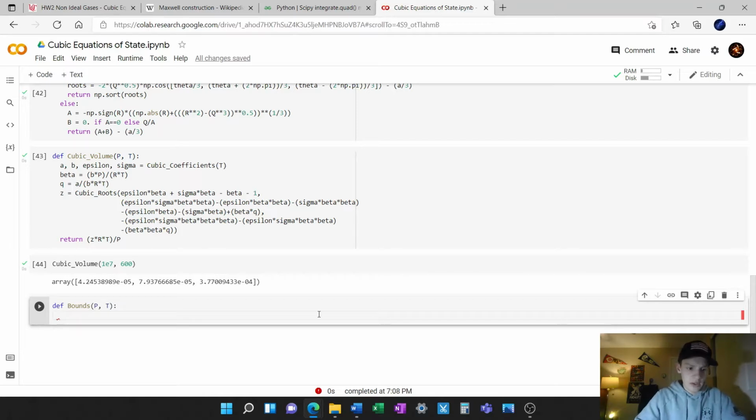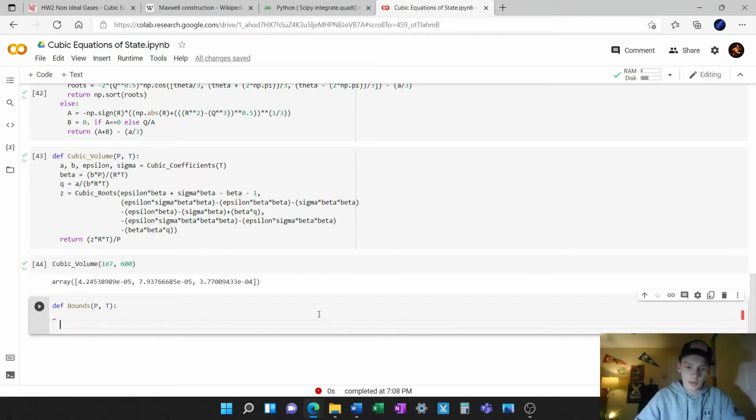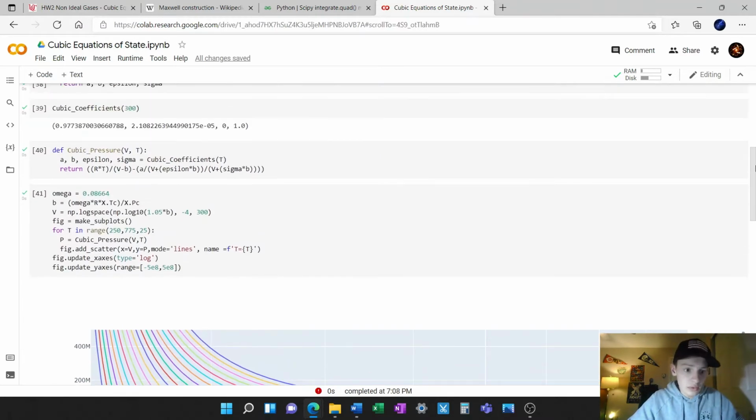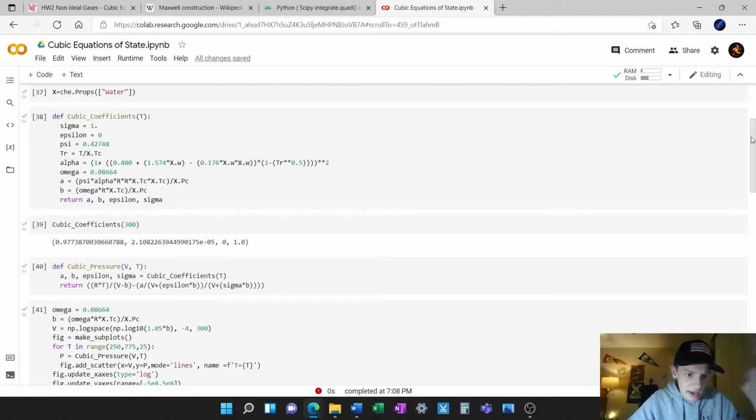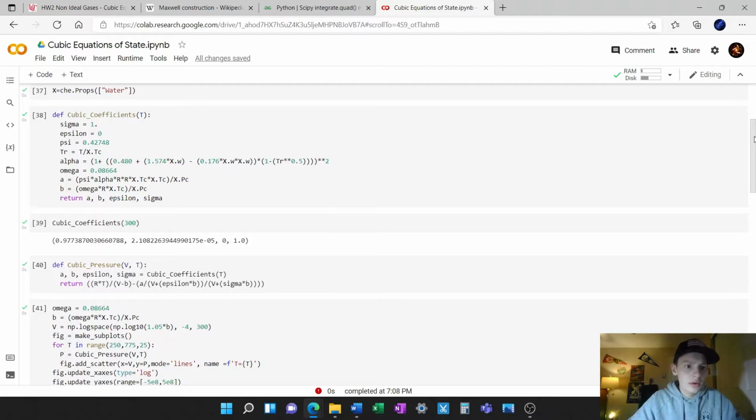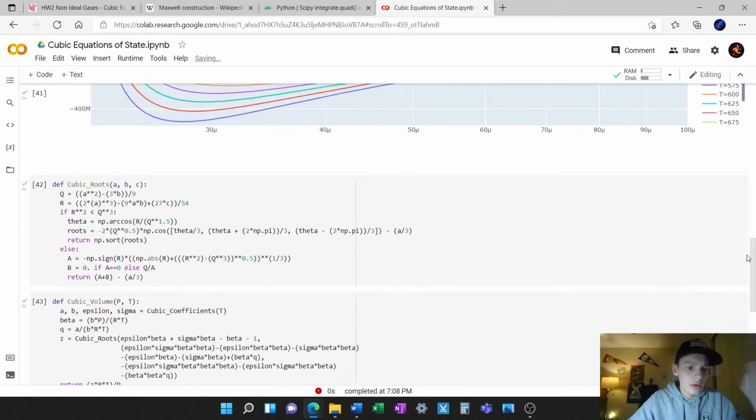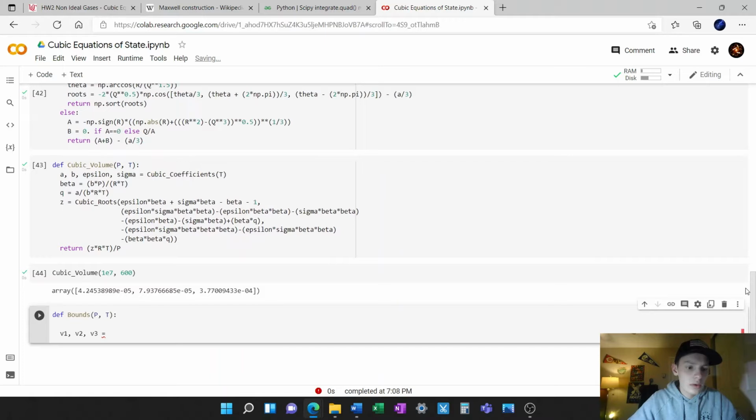So we can call these volumes in another line V1, V2, and V3. And we can use one of our functions that we already have. Cubic pressure, that's not it. Cubic volume. Sorry about that.